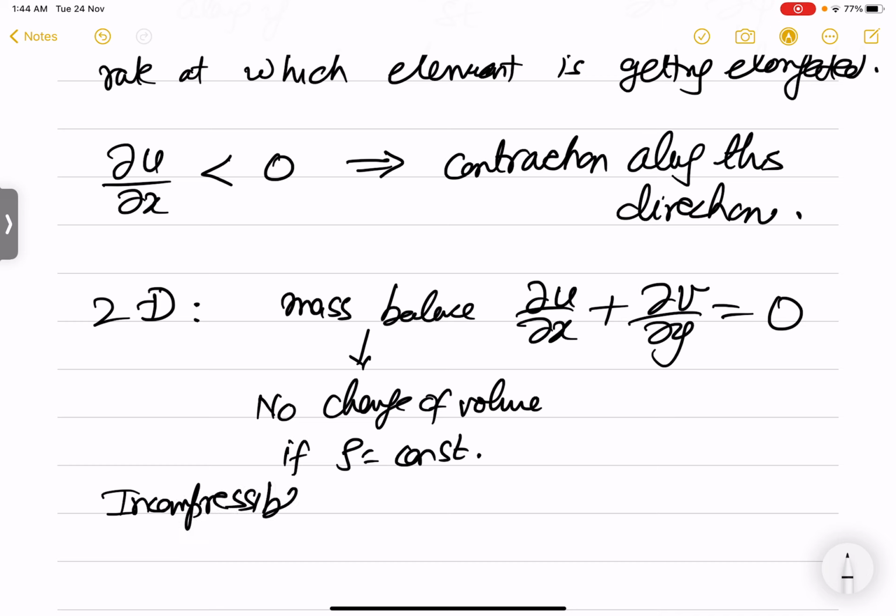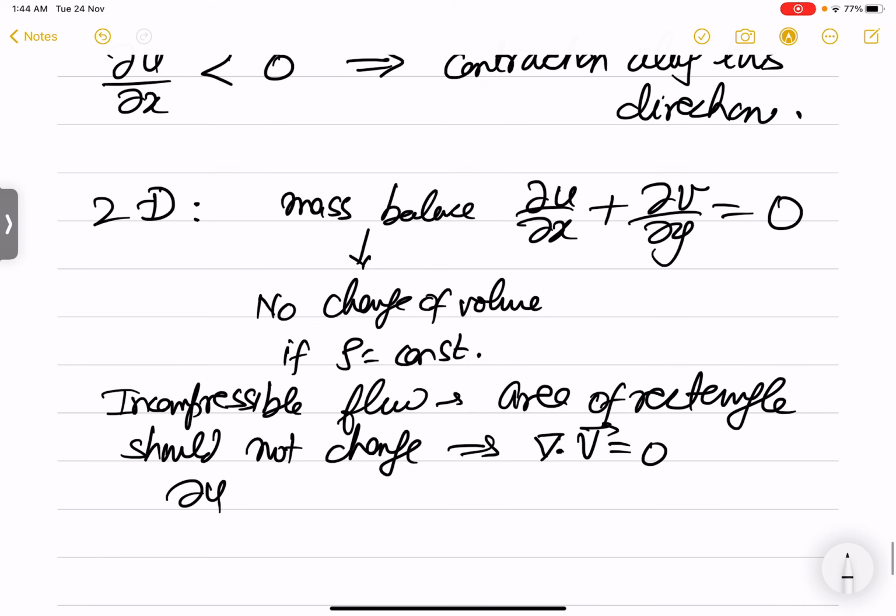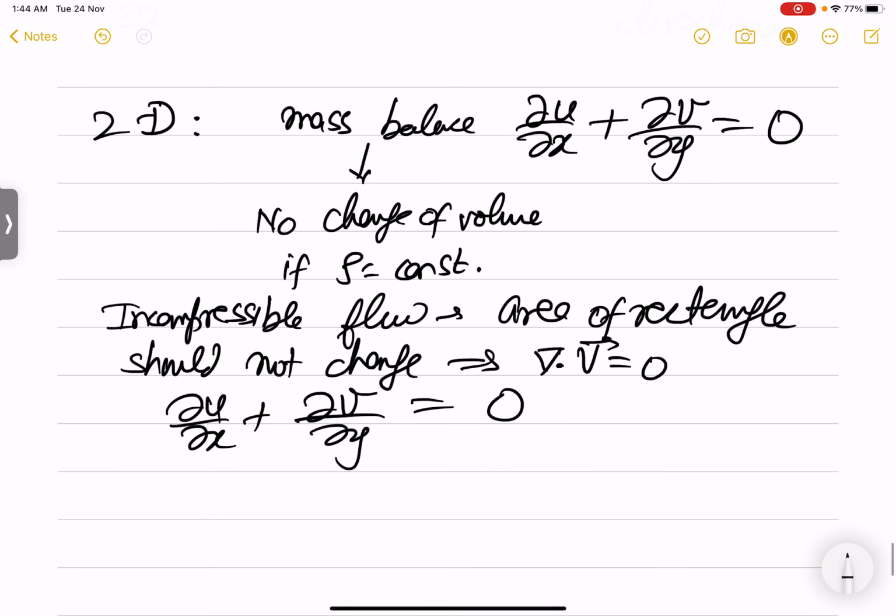So in case we have an incompressible fluid, the area of the rectangle, which is a material particle, should not change. And that would mean in an incompressible fluid we know del dot V is 0. So partial u by partial x plus partial v by partial y is equal to 0, and the area of the rectangle will be preserved if these two are negative of each other.